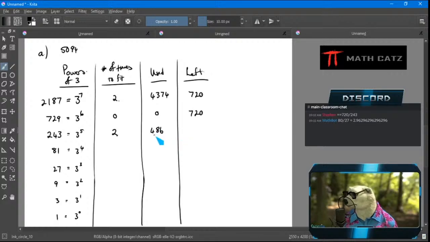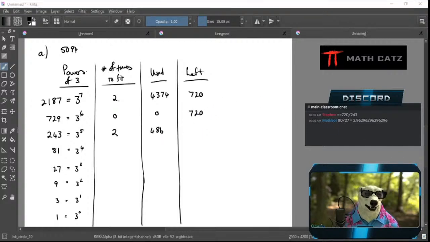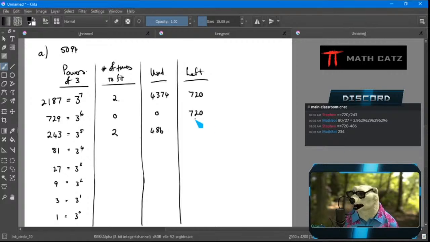So I've used 486 of the 720, and I have a little bit left. Again, maybe you want to practice subtraction, maybe you don't. 720 minus 486, and we get 234. Did I do that right? Sure.